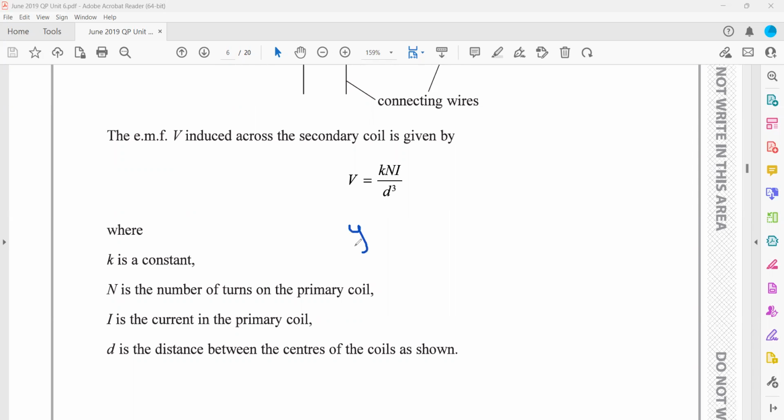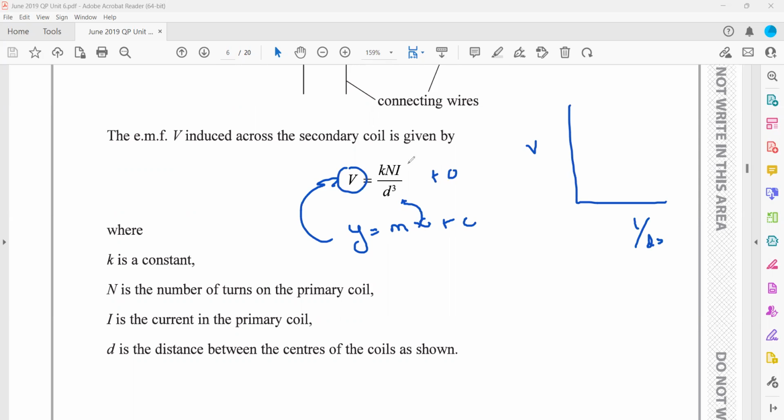When we compare with the equation of a straight line, y equals mx plus c, there is no y-intercept. So on the y-axis we plot V, and on the x-axis we plot 1 over D cube, because we are varying D and V is changing.